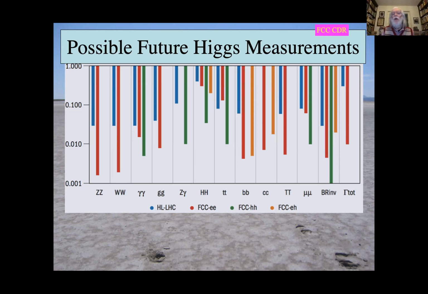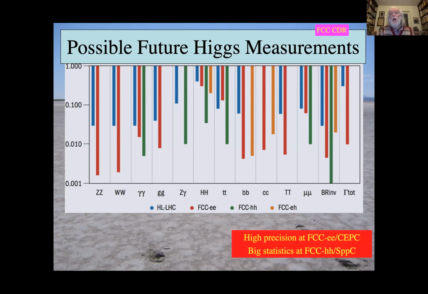So along the horizontal axis here, you see the couplings of the Higgs to various different pairs of standard model particles, including also the invisible decay mode, which was talked about by Kun Chung an hour or so ago. And you see the accuracy that can be reached in the future with high luminosity LHC running and the various different FCC options.